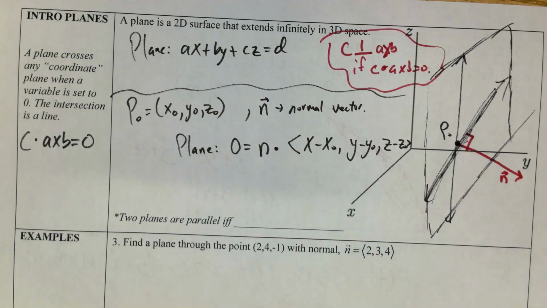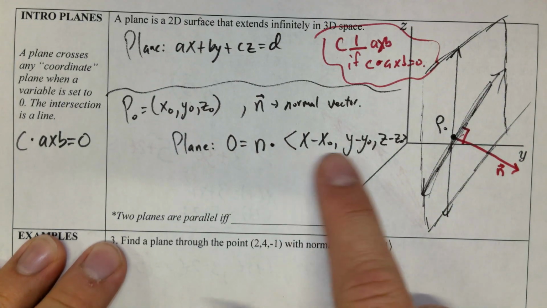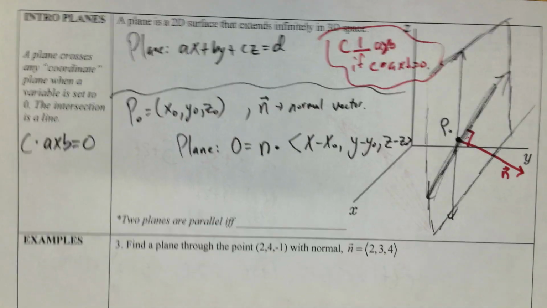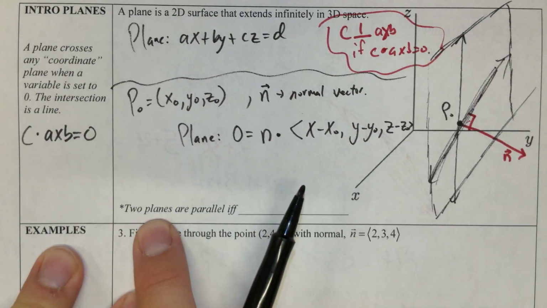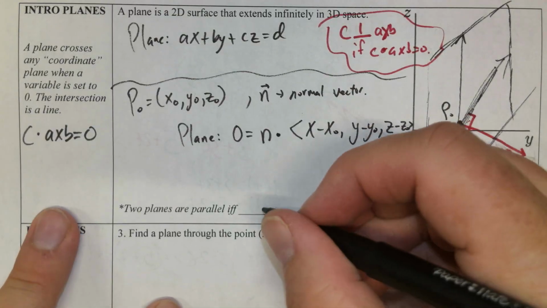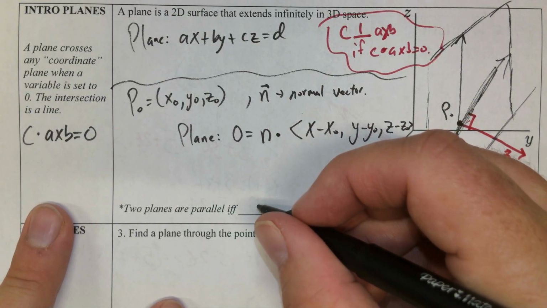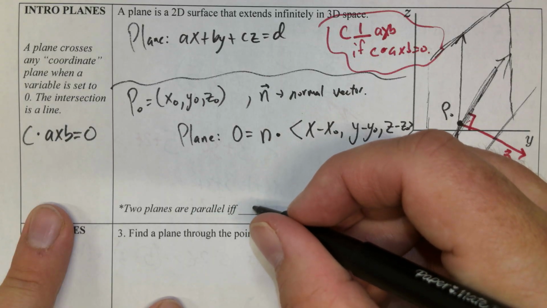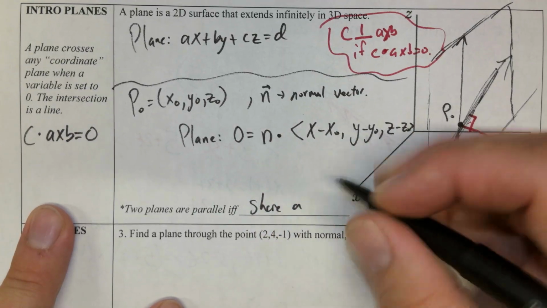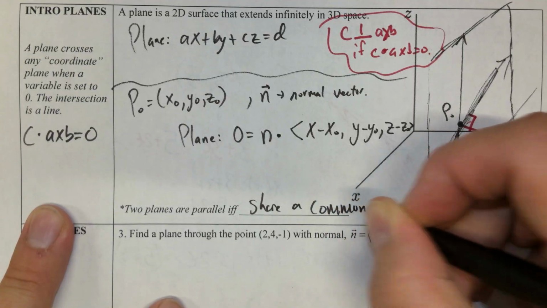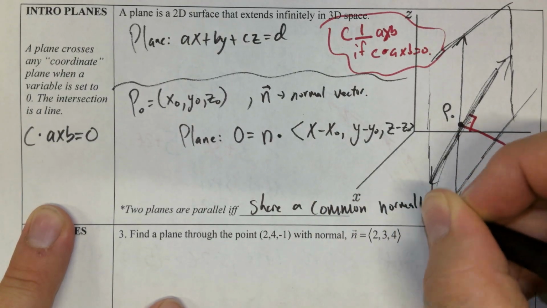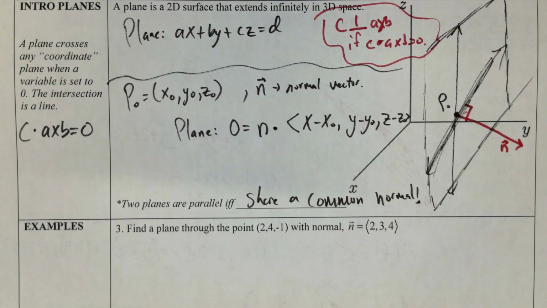You're, by default, just generically selecting all of the points that fill that perpendicular space. And so I can know that two planes are parallel if and only if they share a common normal. So, if I find two planes that have a common normal, I know that they are parallel.